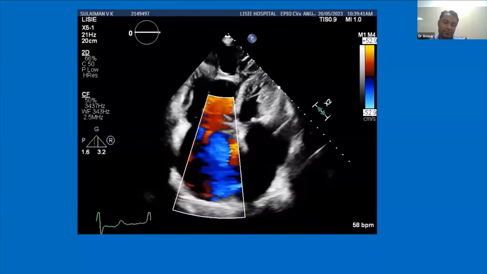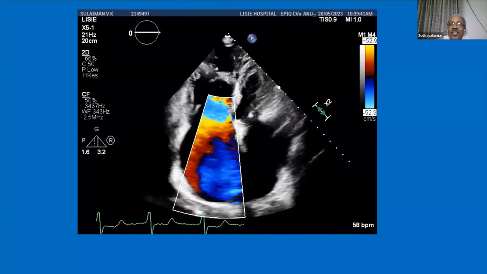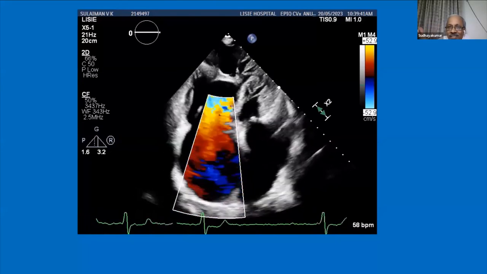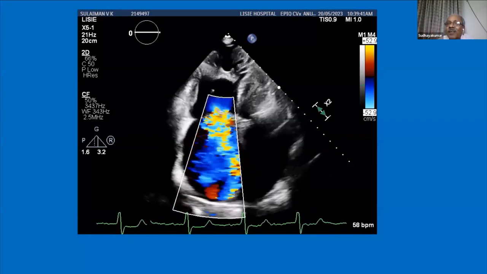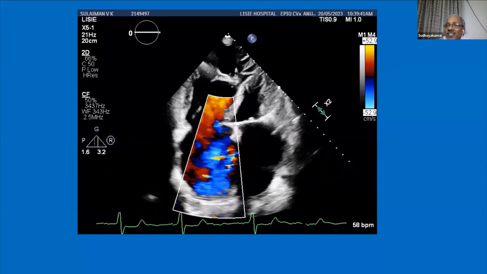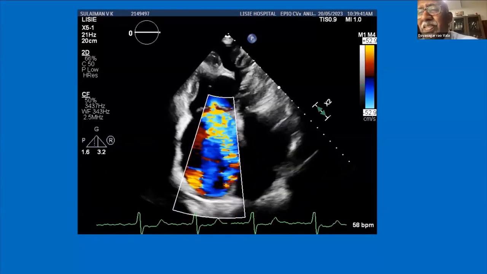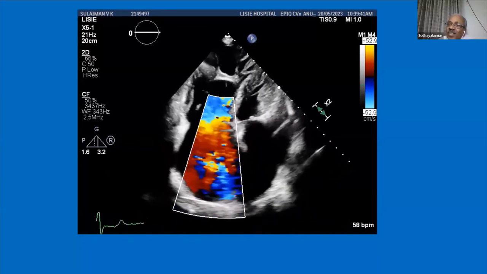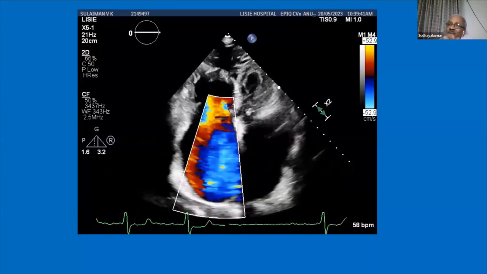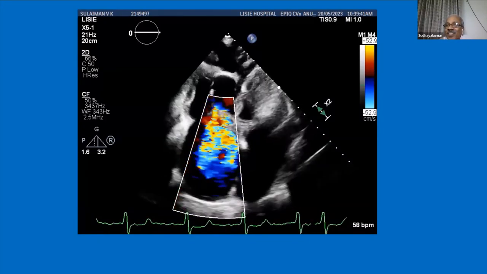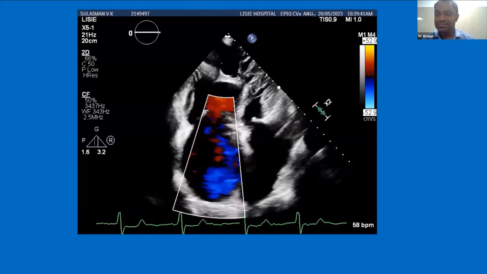You are seeing only the color imaging, so look for two things. One is the color jet versus the RA area, but something more is what sir wants. What is the other thing we can easily measure or see in color Doppler? There are no calculations, but you can measure another thing. PISA. PISA, okay, very difficult.